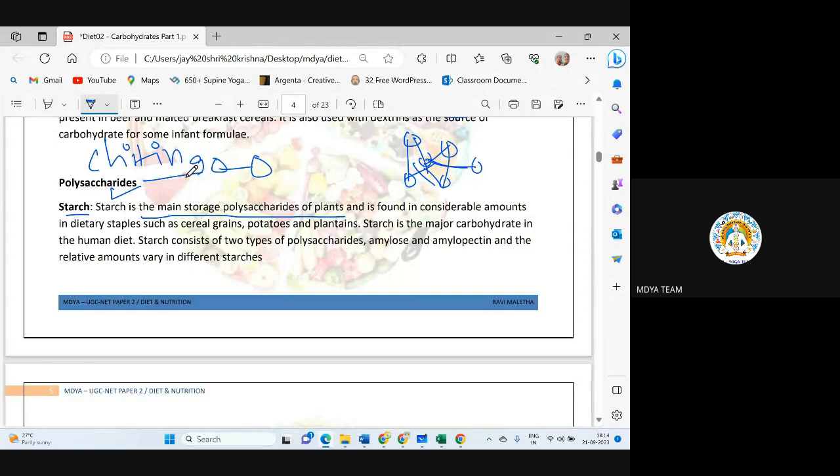There are many other types of polysaccharide, but just like there are many types of monosaccharide and only hexose have dietary importance, similarly only a few polysaccharides have dietary importance. One is starch. The other one is chitin, which doesn't have dietary importance, and the third one is cellulose.